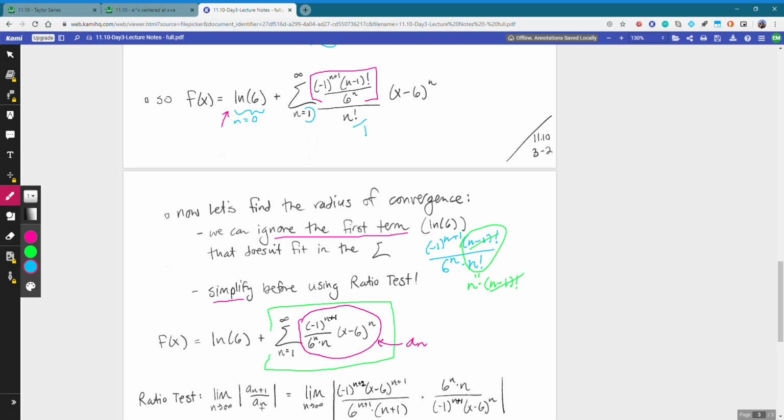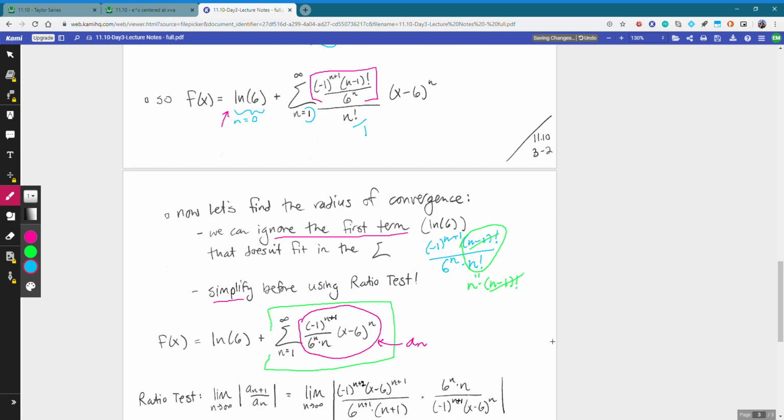So here, with our minus 1 exponent, we'll actually end up with n plus 1 plus 1, so n plus 2. And then 6 to the n plus 1 times n plus 1, and the exponent of n plus 1 on our (x minus 6). Then I've just already taken a_n, flipped it and multiplied, and so that's where this stuff on the right is coming from.